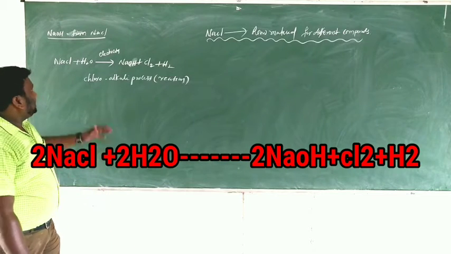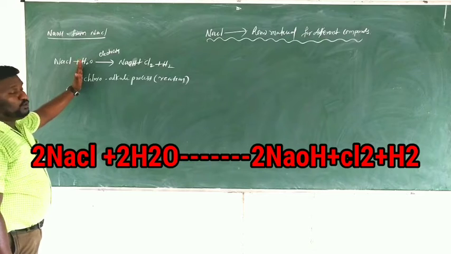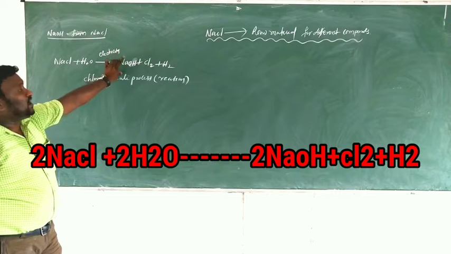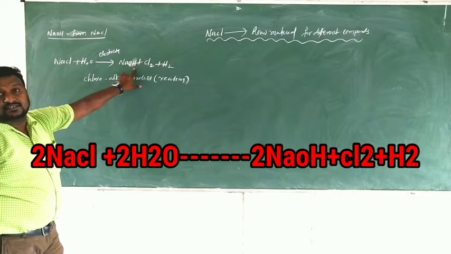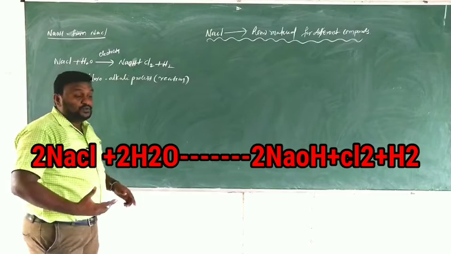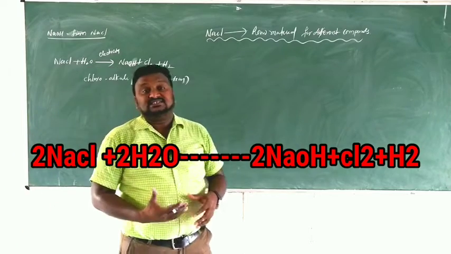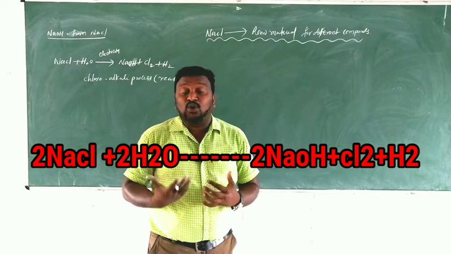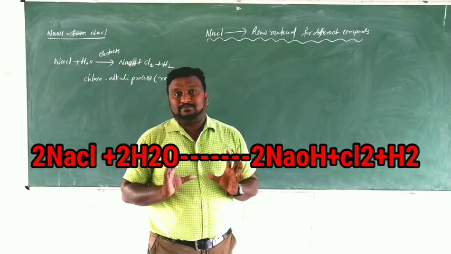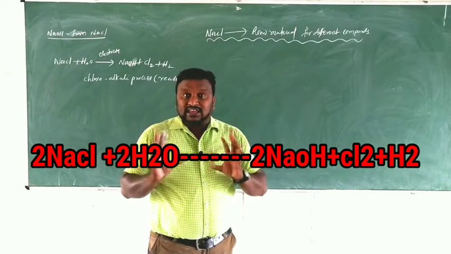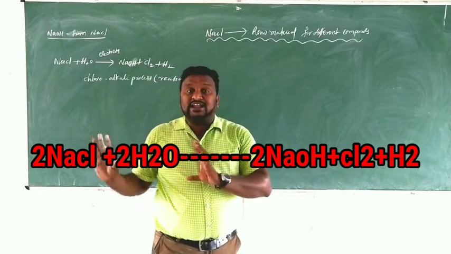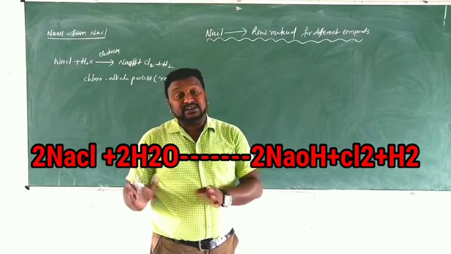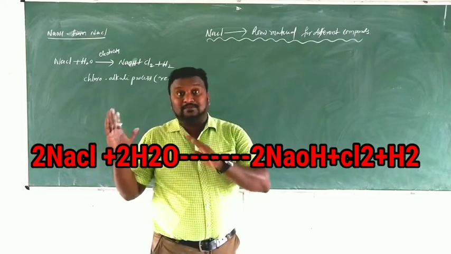Simply, when sodium chloride is combined with water, we get sodium hydroxide. Sodium hydroxide contains OH minus, and a solution containing OH minus is a base. The bases which are dissolved in water are called alkali. Here we get NaOH aqueous, which means the base is dissolved in water, so it is an alkali.